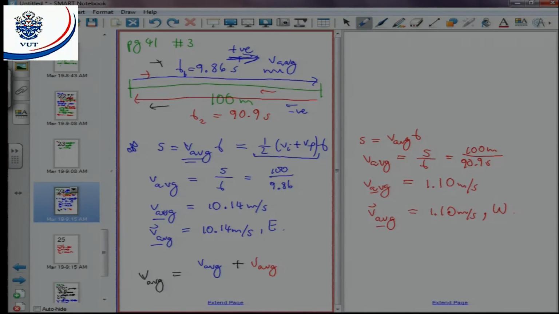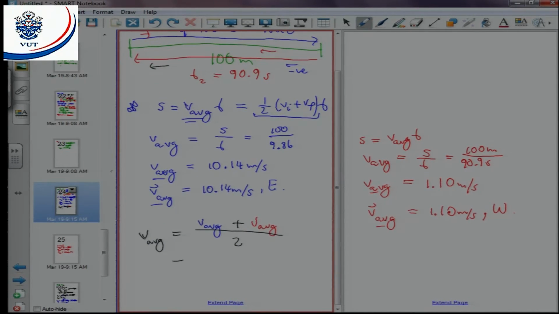So it's the sum of those two over 2. If I do that, what I find is I have 10.14 plus 1.10, over 2.